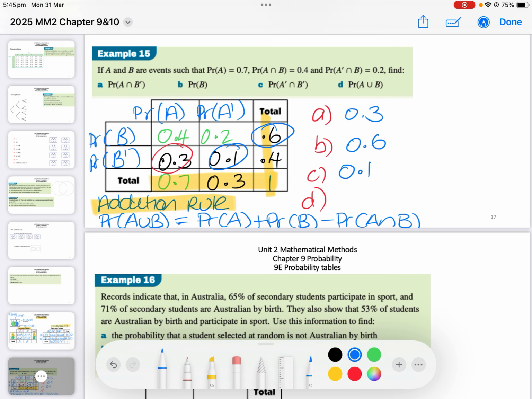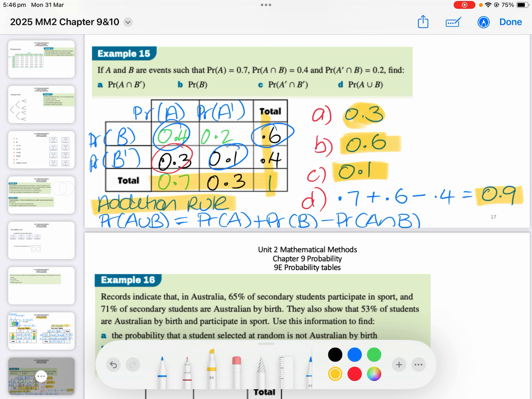But I'm going to show you another way in a minute. So for A union B, I get the probability of A, 0.7, plus the probability of B, 0.6, minus the probability of A intersect B, 0.4. And that gives me 0.9, I believe. So there's our answers for this one.